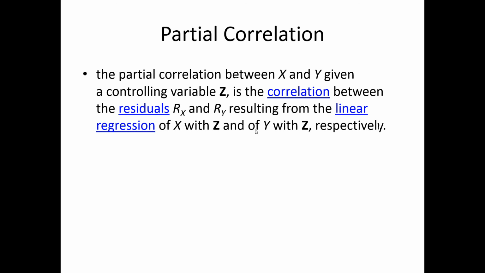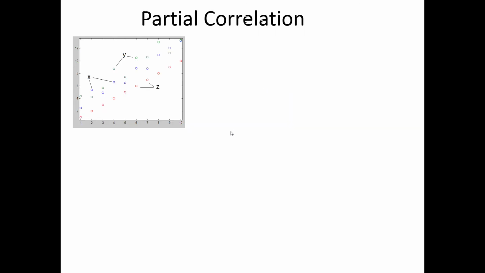It doesn't measure correlation between only two variables, but also takes into account a third variable. So it measures what the correlation is between two variables, taking into account the influence of the third variable. Let me give an example.